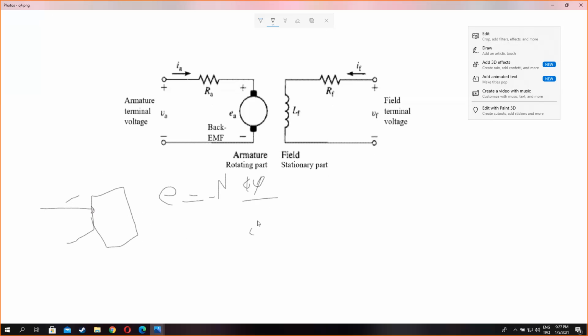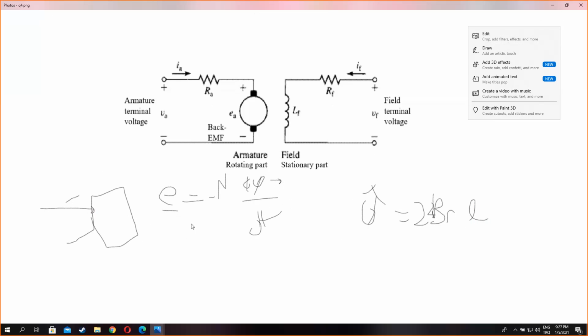written like, sorry for my writing, this is flux, and the flux is basically to be RL.